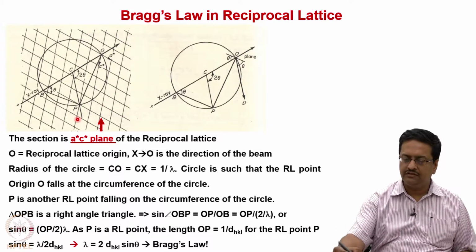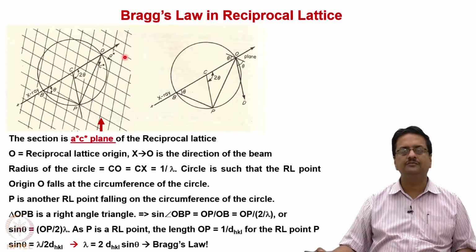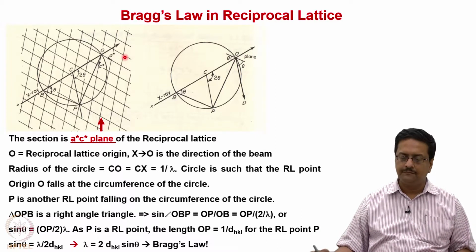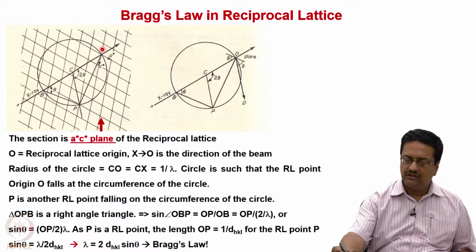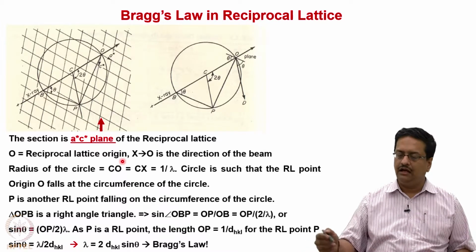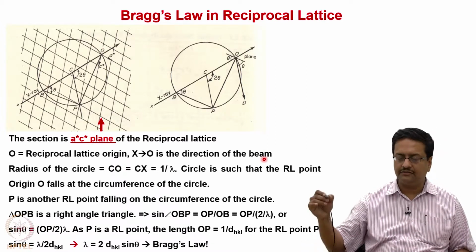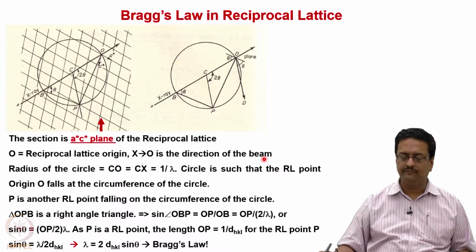Every point of intersection of these lines represents a reciprocal lattice point in the A star C star plane, and we assume that this O is the reciprocal lattice origin, and the direction XO is the direction of the X-ray beam that is falling on this particular crystal.